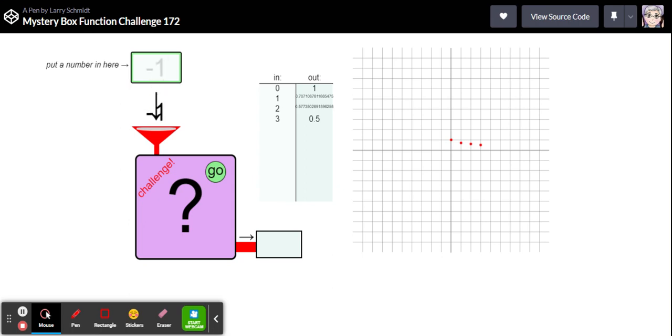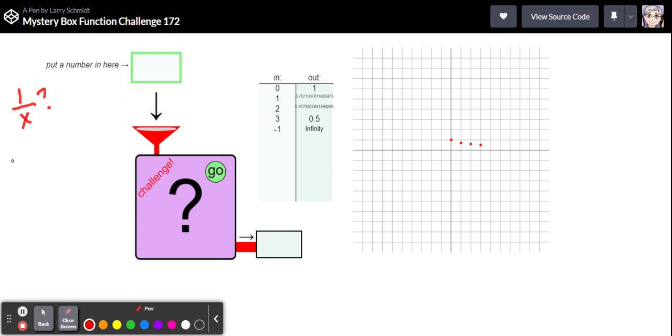Let's put in a -1. Oh. Okay, so I think we have some clues now. This infinity error we got at -1 makes me think that this might be rational, but these non-repeating decimals make me think it might be square root, so maybe some odd combination.